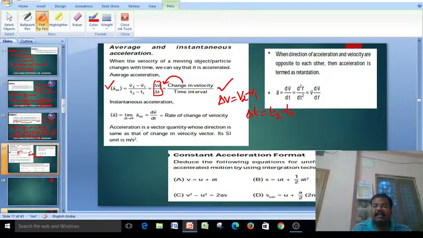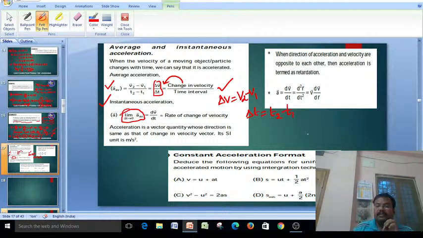What about the instantaneous? Whenever they ask about the instantaneous, that should be expressed in limits. You have to represent the average acceleration in terms of limits. At the time t is equal to 0, what about the acceleration of the particle?